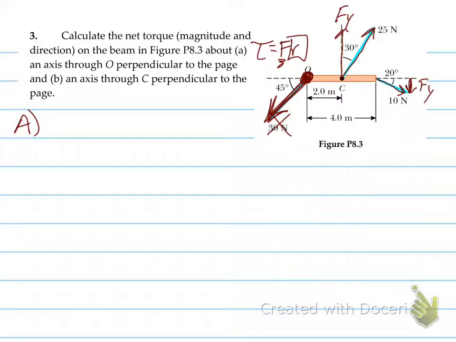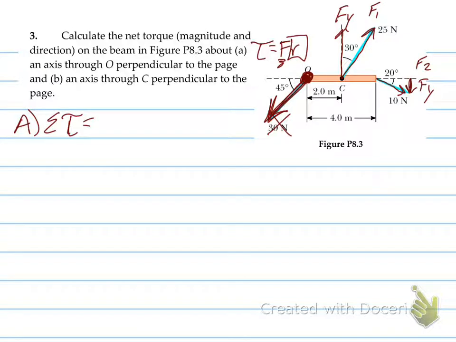So just like forces, we are going to do the sum of torques instead of the sum of forces. That torque is equal to the net torque, or the total of all the torques. So let's say this is F1 and this over here is F2.